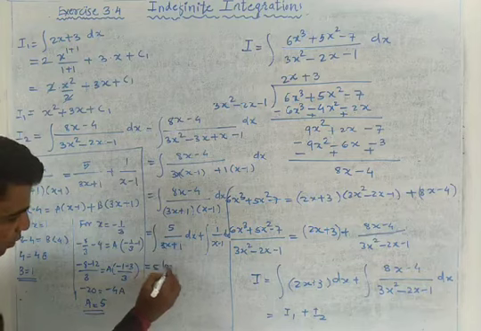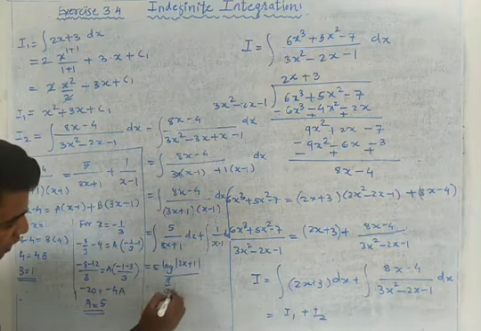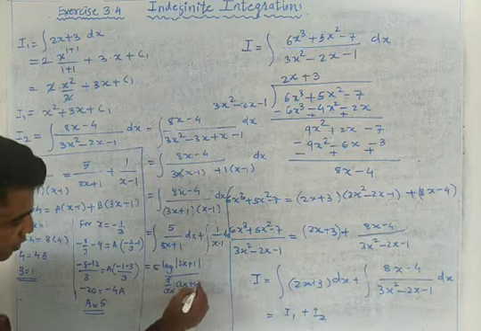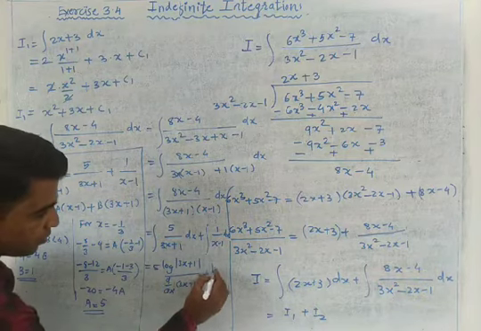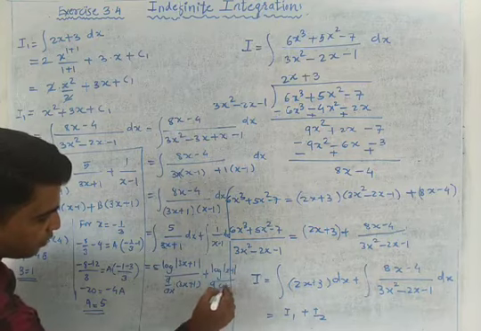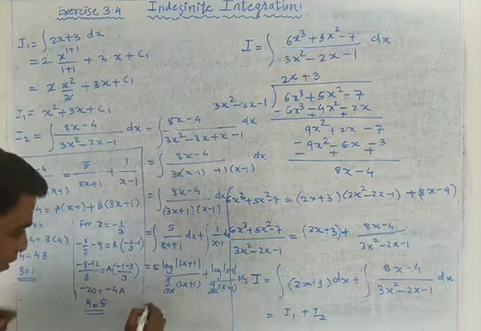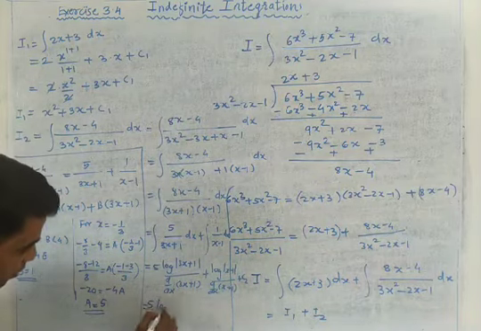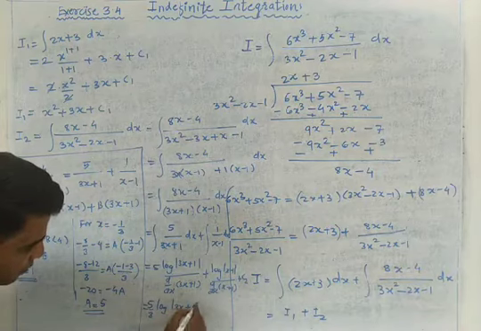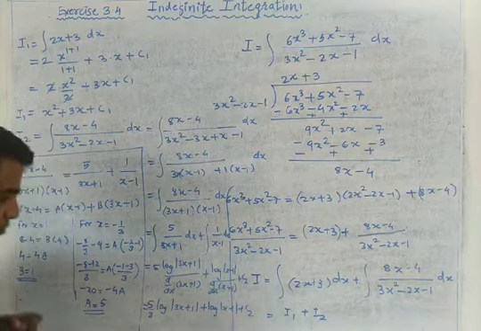So 5 into log of mod of 3x plus 1 upon d dx of 3x plus 1. Same way, log of mod of x minus 1 upon d dx of x minus 1 plus c2. Now the derivative here is 3, so the final answer is 5 by 3 log of mod of 3x plus 1 plus log of mod of x minus 1 plus c2.